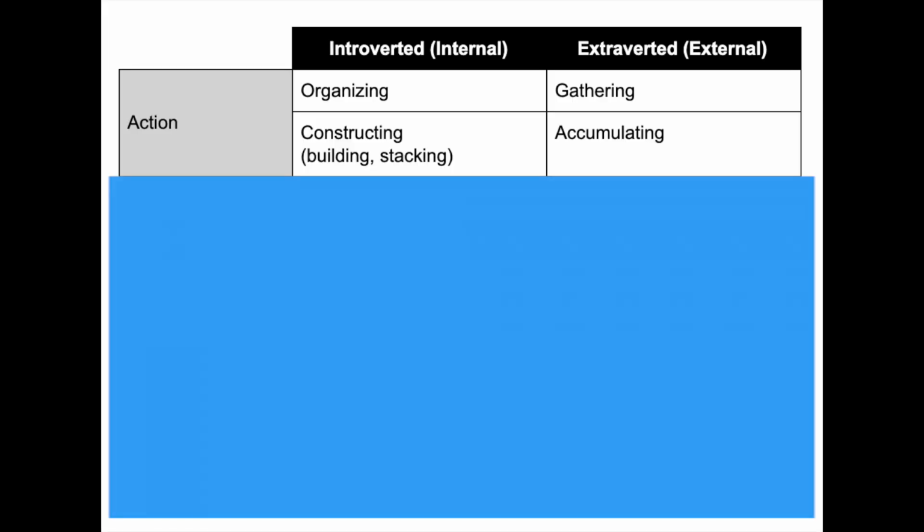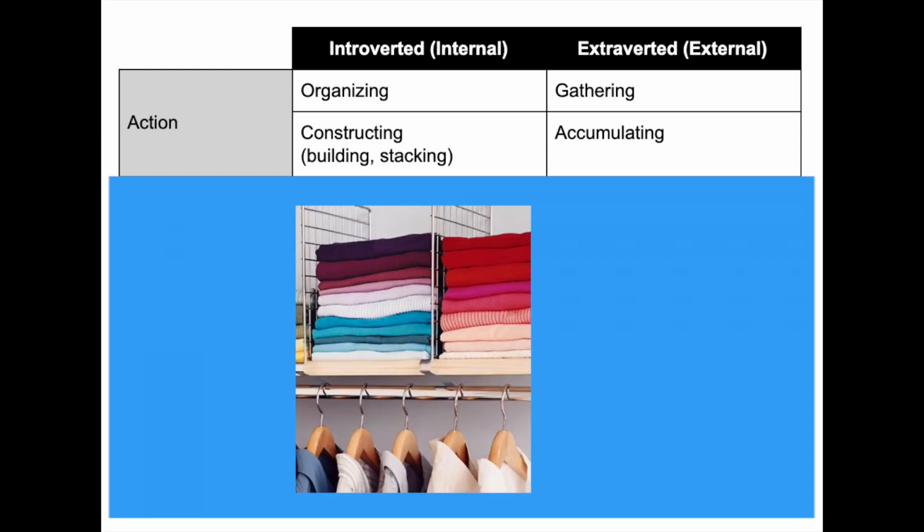I looked at 5 different aspects of the introverted function versus the extroverted function and how they appear or how they behave. First, focusing on the action of each one, the introverted function is organizing. Other ways to describe that would be constructing, building, and stacking.